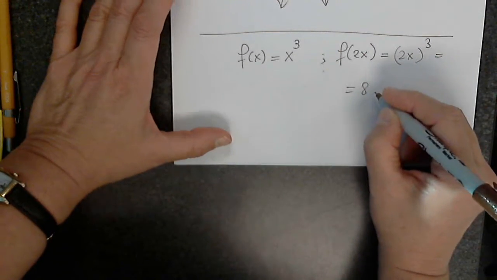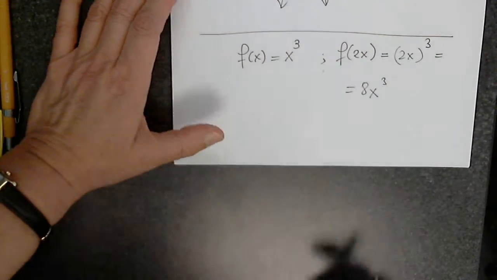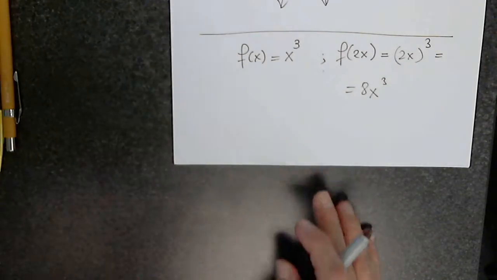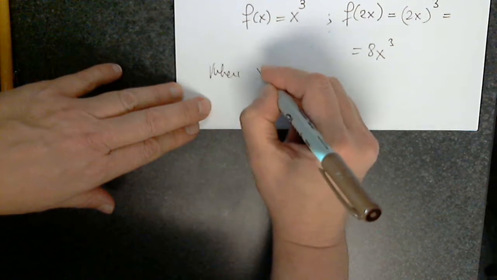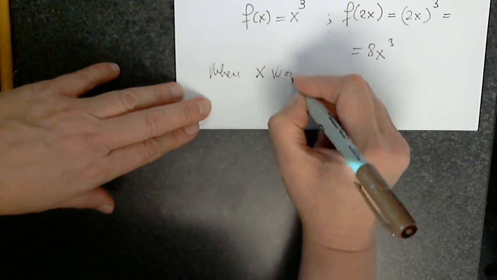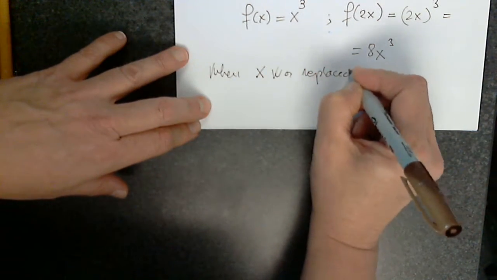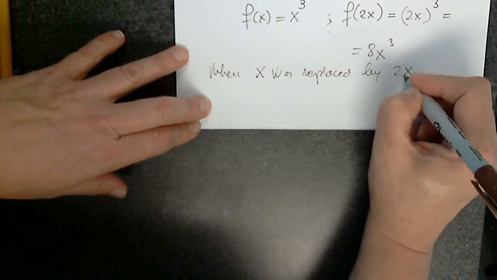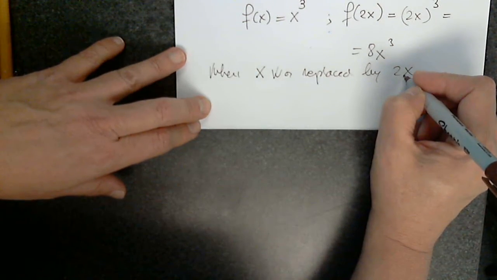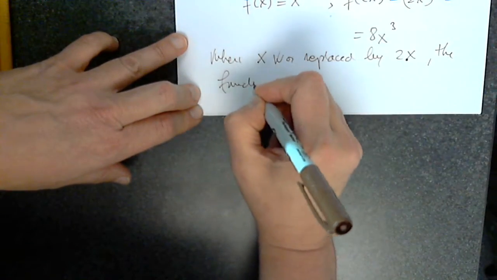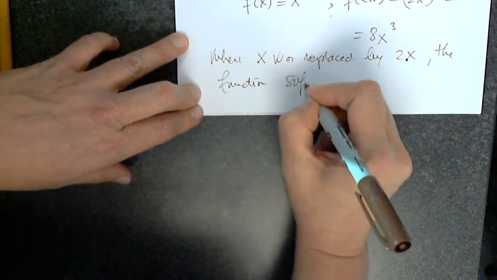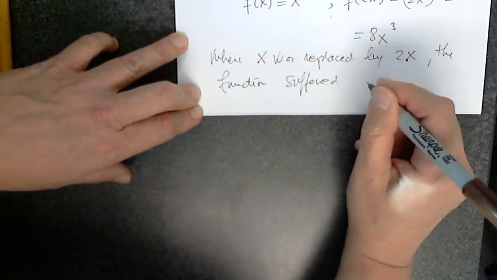How much is x cubed? x cubed. So when I'm making myself a note, when x was replaced by 2x, the function suffered, and we'll see in a moment what.